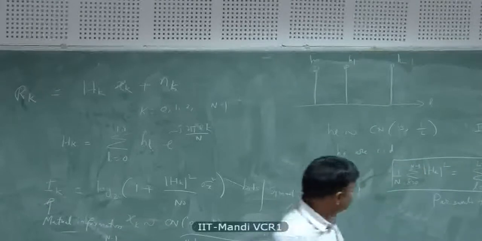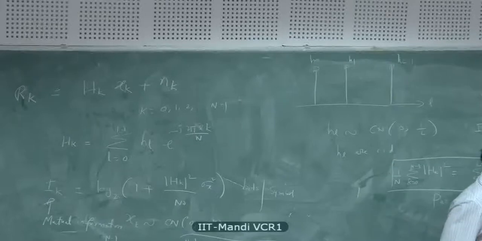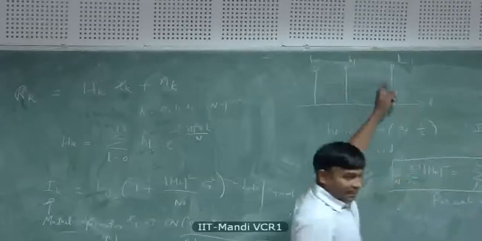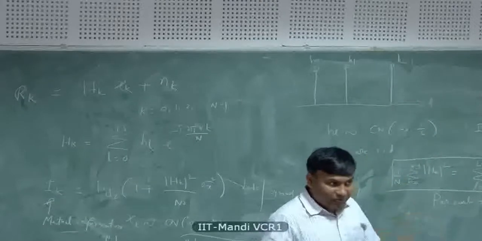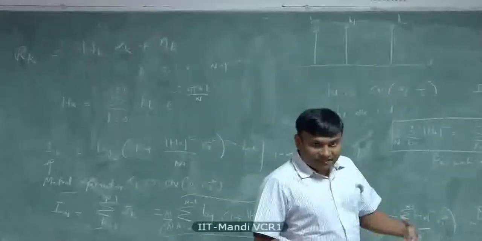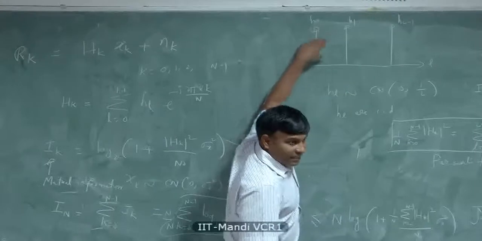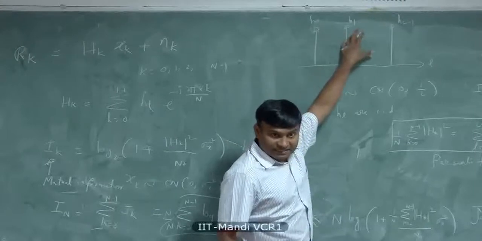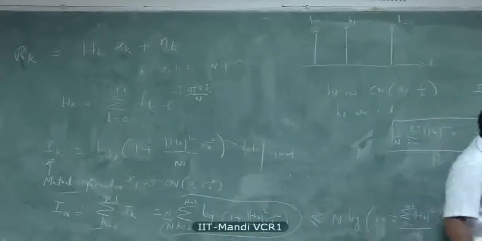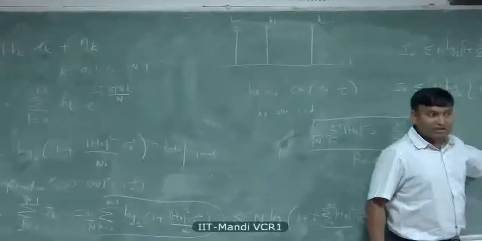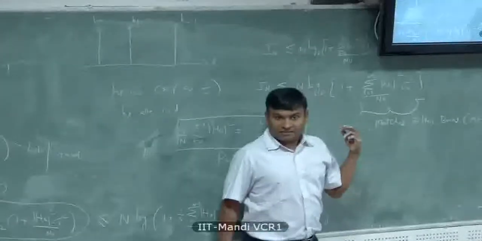Why is that? This is the sum of squares of individual fading taps. They all add up coherently, and if one of these taps fades, the others need not fade simultaneously. Therefore, we have what is called diversity protection of order L. See the point?